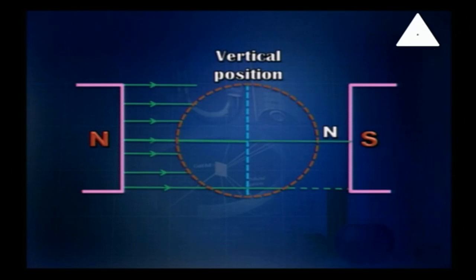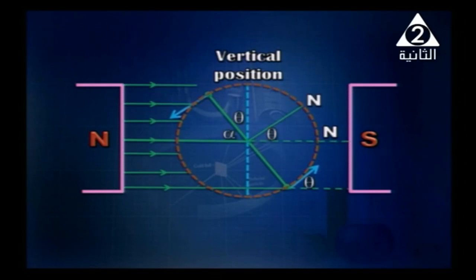Okay, and the coil starts rotating, so we've got an angle here, angle theta. So what about theta? Your attention please. Theta is the angle between the normal to the plane of the coil and the magnetic field. It is the angle of rotation of the coil starting from the vertical position.